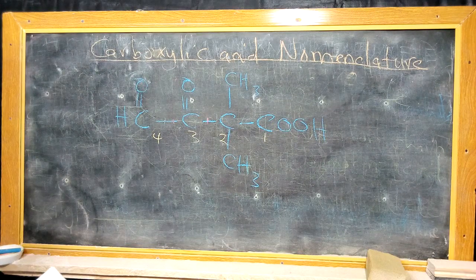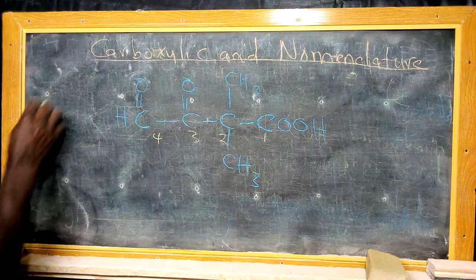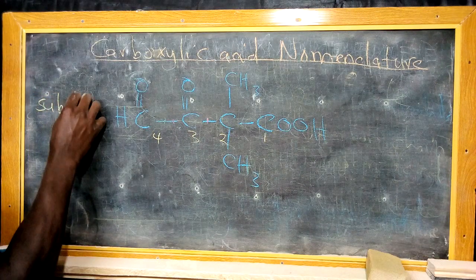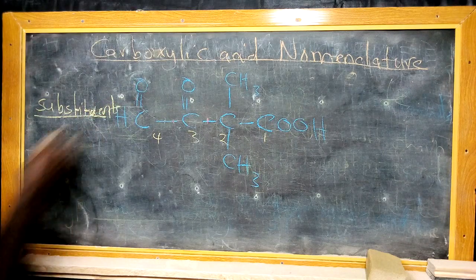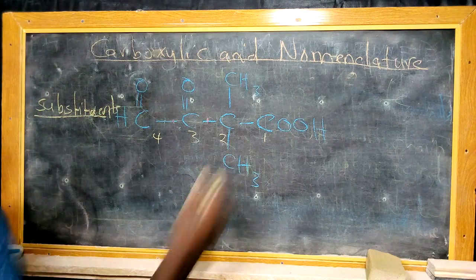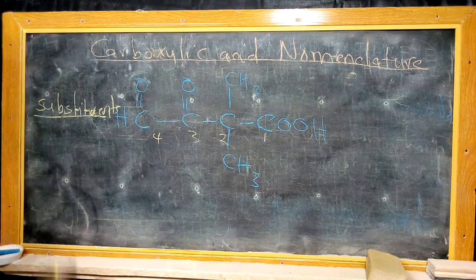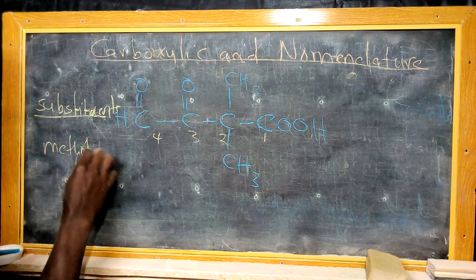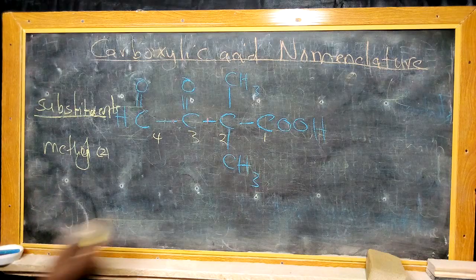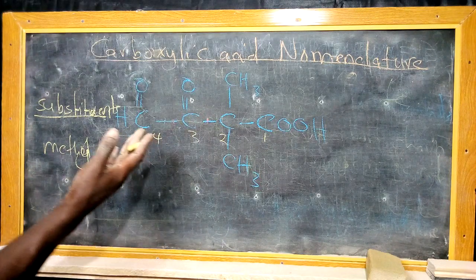We identify the substituents. So in this case, we have first the 2 methyl groups. So we have methyl 2, and then we have, this one is known as an oxo.